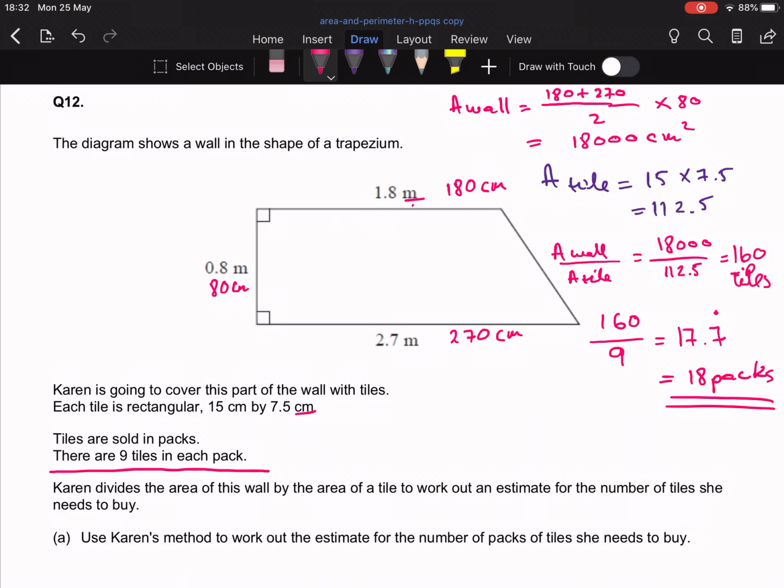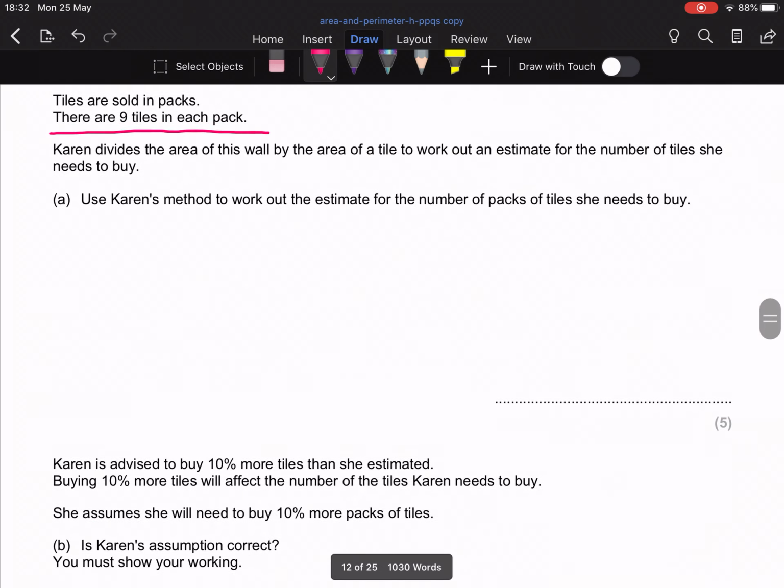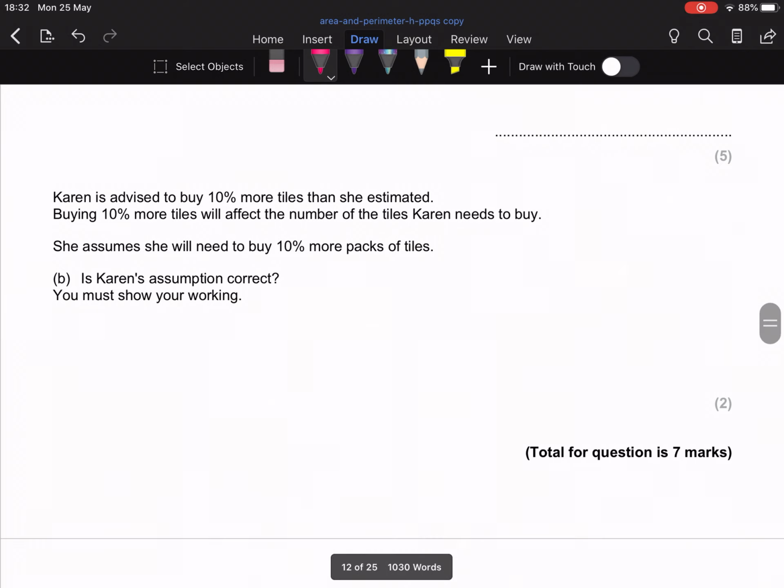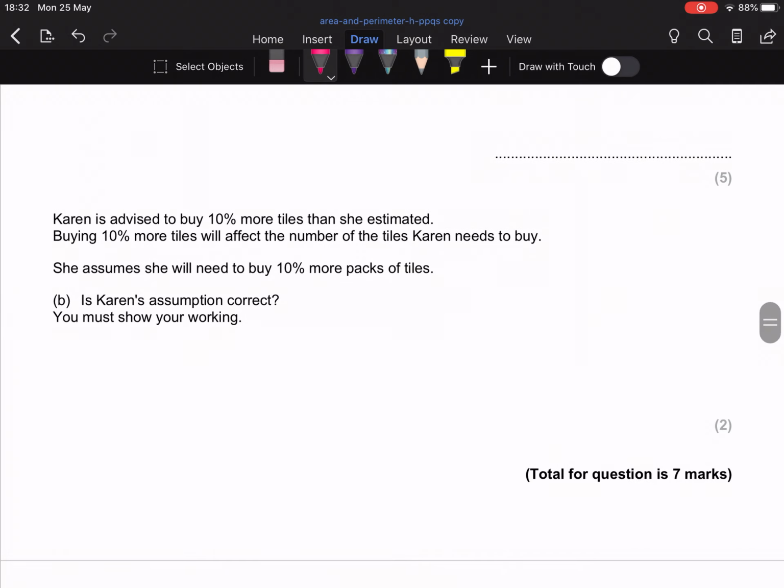I'm going to have to scroll down to read part B. So Karen is advised to buy 10% more tiles than she estimated. Her tiles were 160 and her packs were 18 packs.